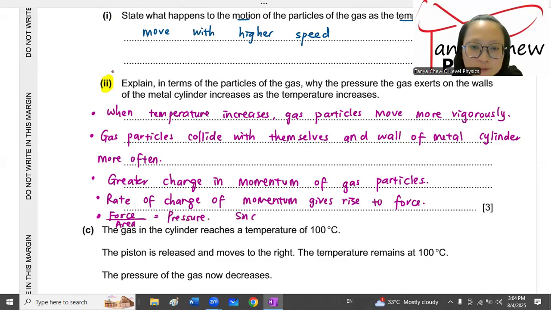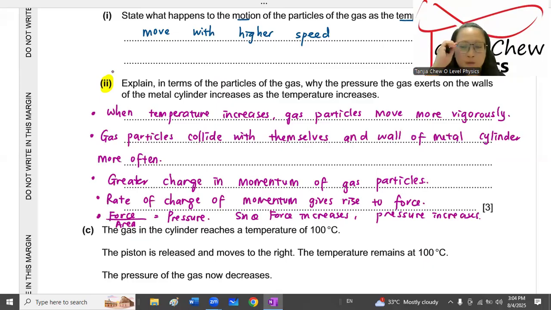Okay, since force increases, pressure increases as well. So you must be able to explain this part.